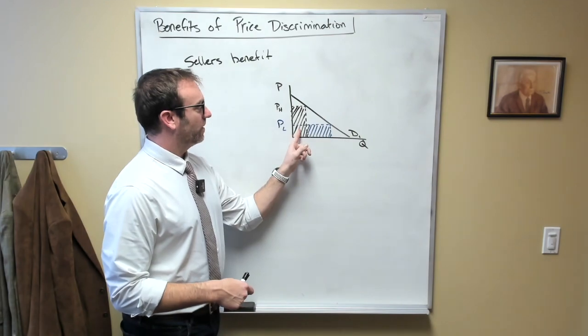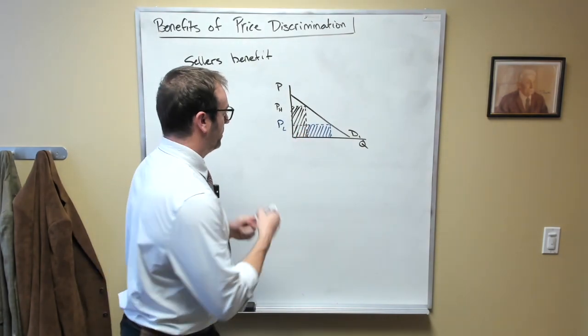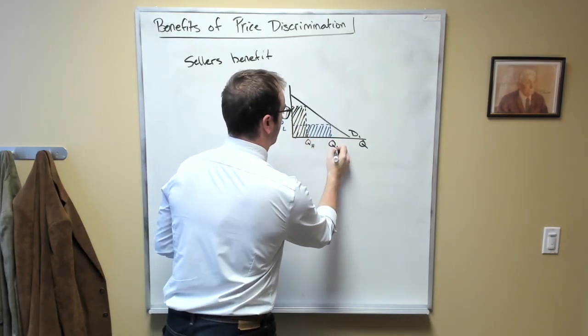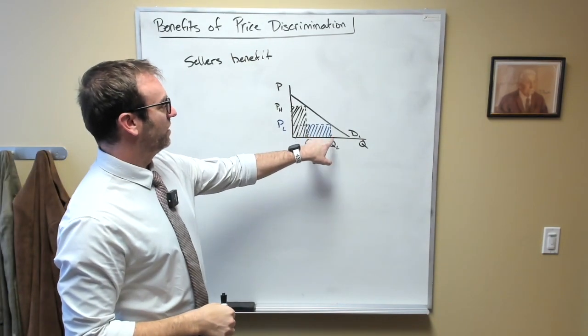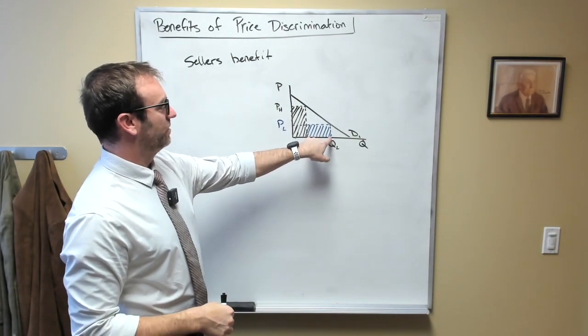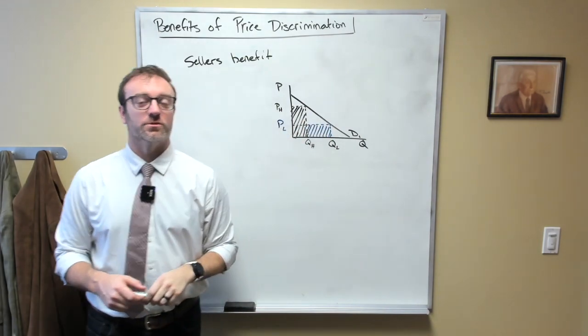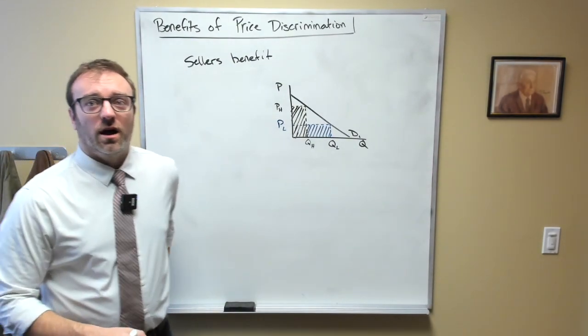It's not this part here, because we've already sold those units to the high-paying customers. And this would be the low-paying customers. So the profit from the low-paying customers is only the additional units that we sell times the price that we're charging. So this is clearly going to benefit the sellers.